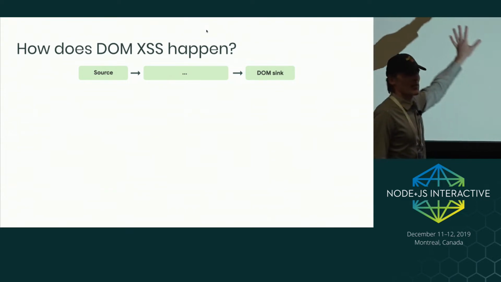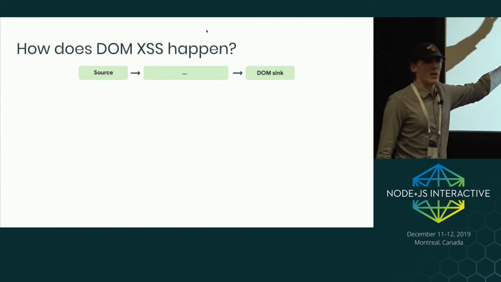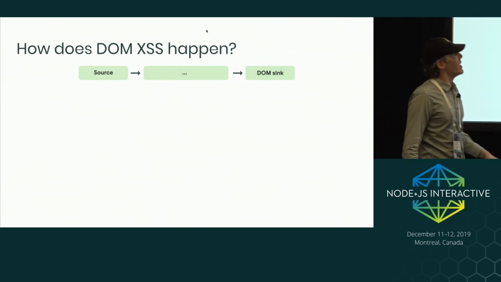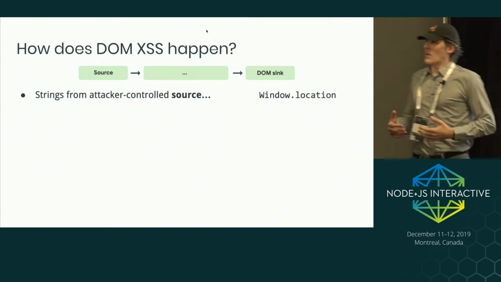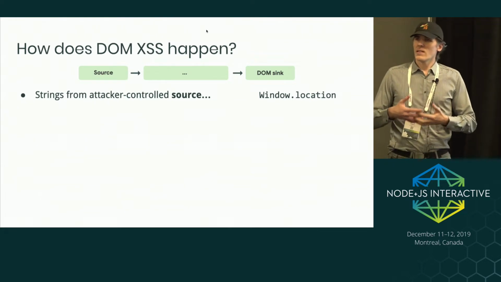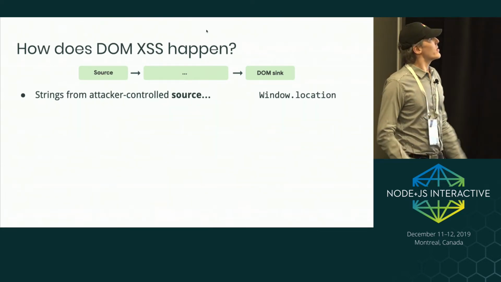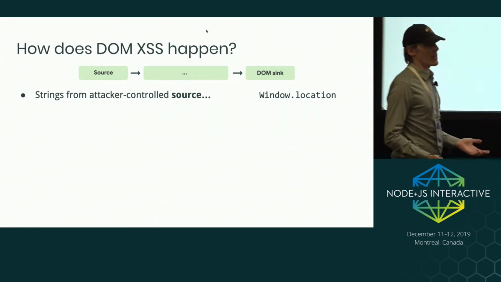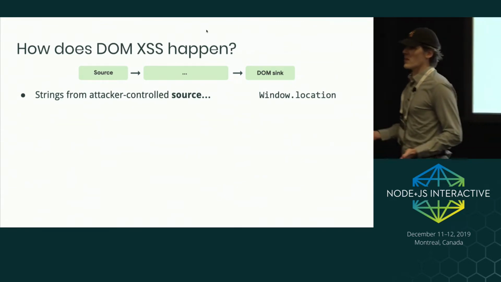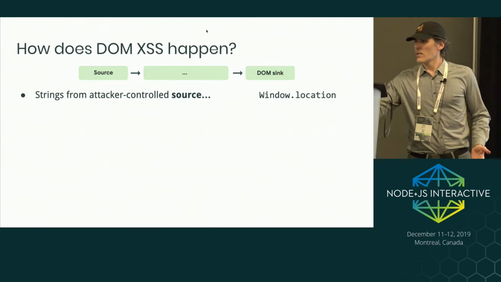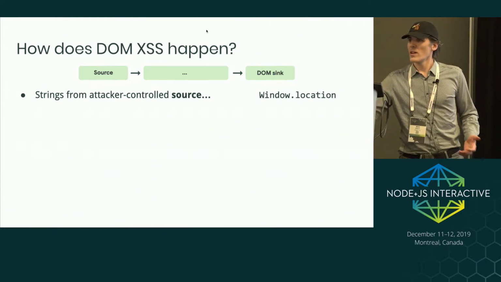Well, you have a source of some values from an attacker, and those reach a DOM sink. Mostly the inputs to your system are going to be strings. They might be strings that you get from a URL. They might be strings that you receive as data via JSON or some other method.